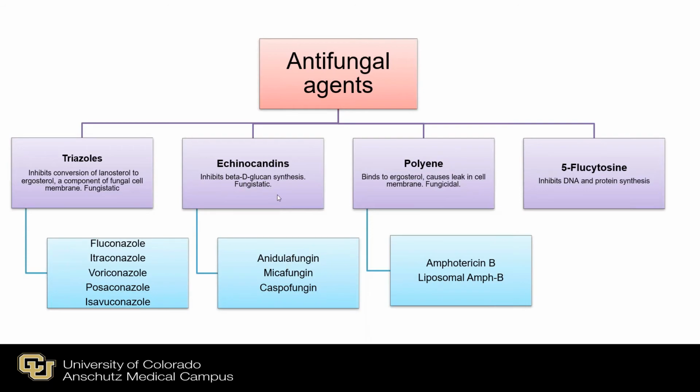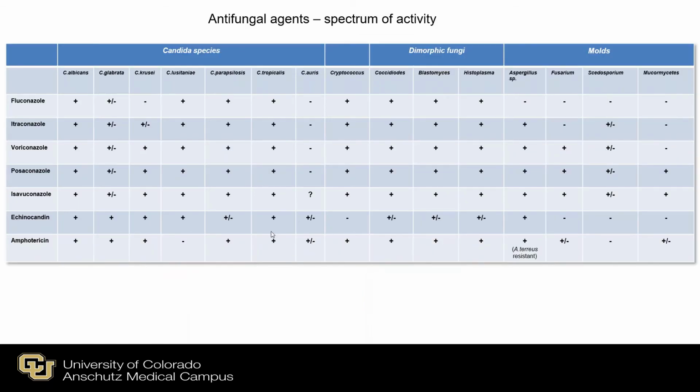Now, the first two classes are fungistatic, but amphotericin is fungicidal. Both triazoles and polyenes act at the cell membrane. It has something to do with ergosterol, whereas echinocandins inhibit beta-D-glucan synthesis, which is a component of the cell wall, not the cell membrane.